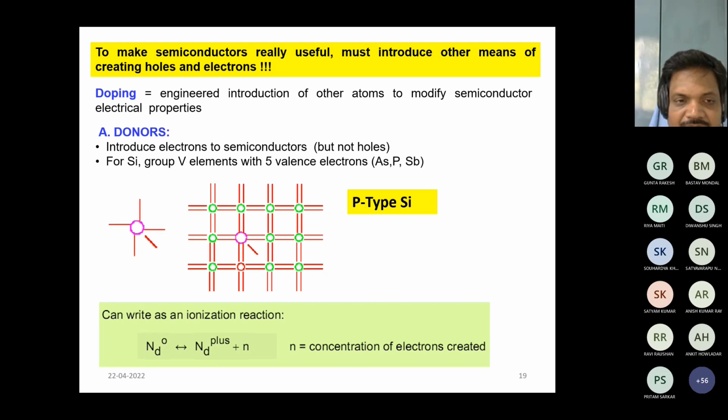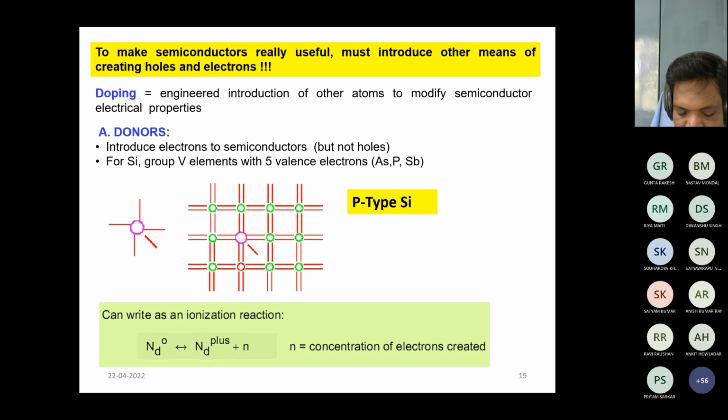How many valence electrons are there for silicon? 4. 4 electrons. And you know that there must be 8, like an inert gas atomic configuration, to make it stable, right? So these 4 valence electrons form 4 covalent bonds with the 4 nearby atoms, and as a result a total of 8 electrons is always associated with one atom.